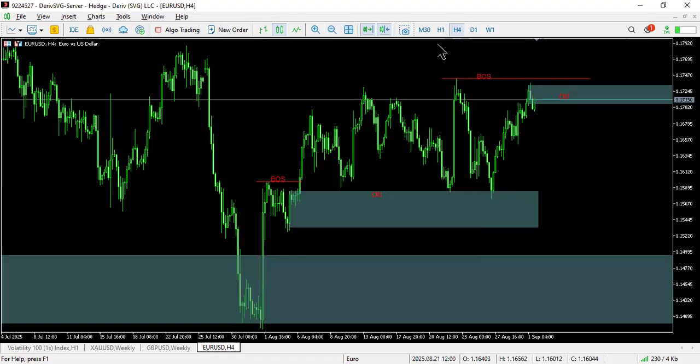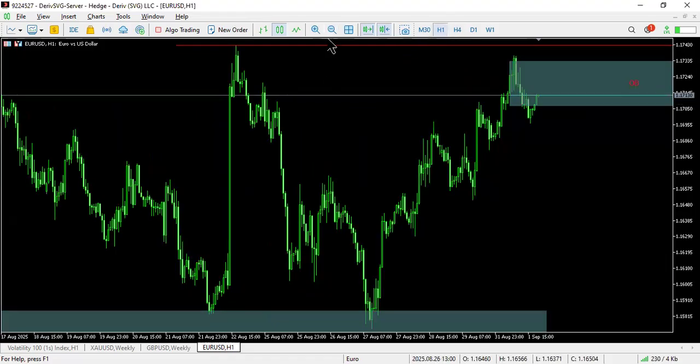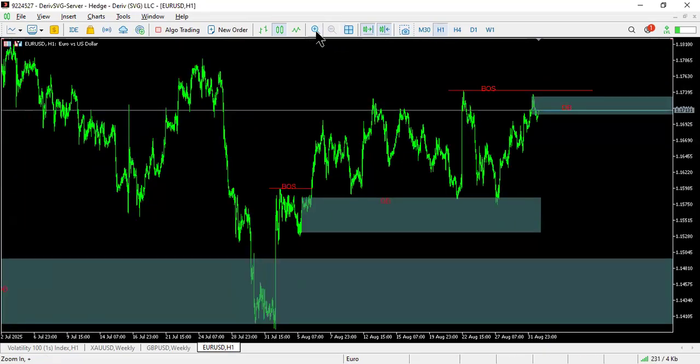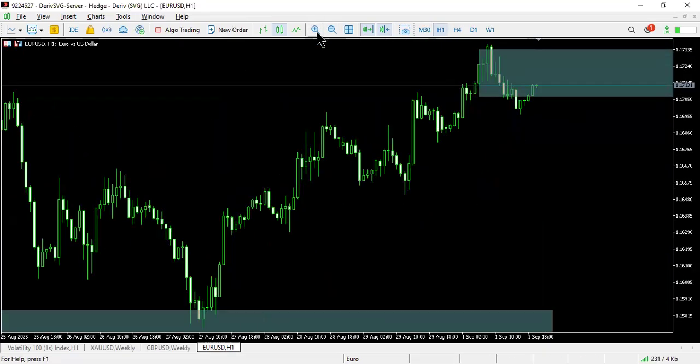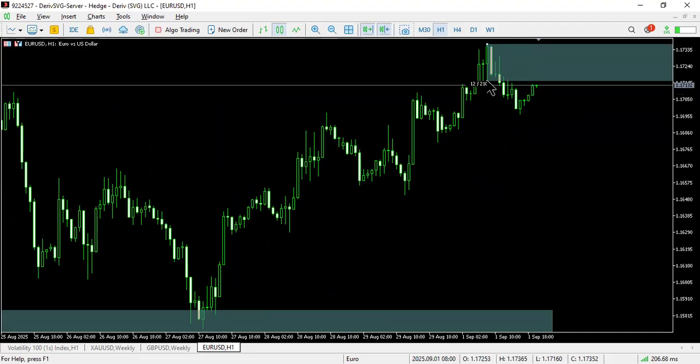If we go to the 1-hour, which is the entry time frame that I use, I always trade the 1-hour order blocks. So from the 1-hour, you adjust the order block right there.